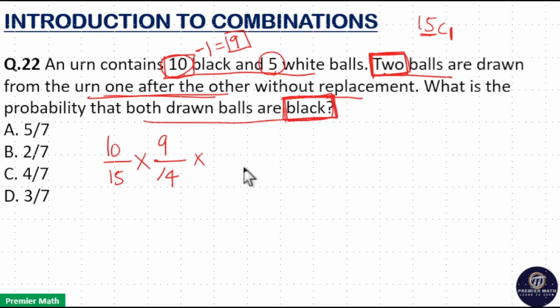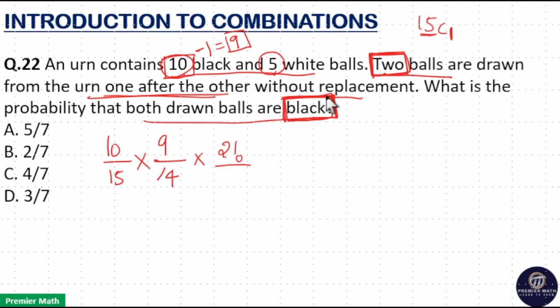Now both the balls selected are black. So you don't have to worry about the arrangement of this event. If you have to select a different color in the second event, then you should arrange it. That is, here there are 2 events, so arrangement can be done in 2 factorial ways.